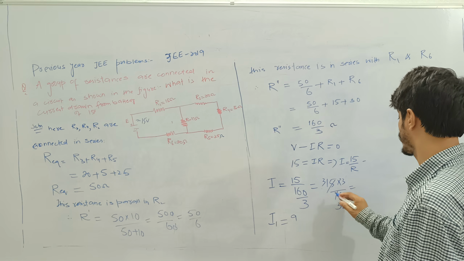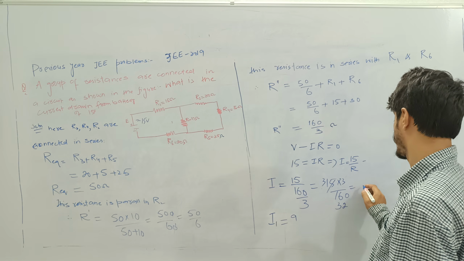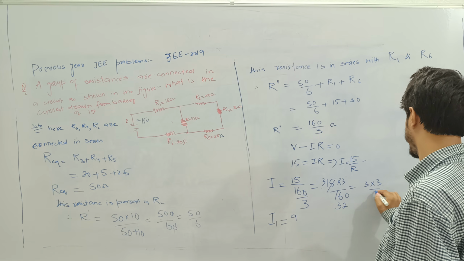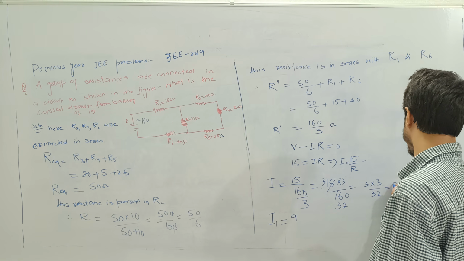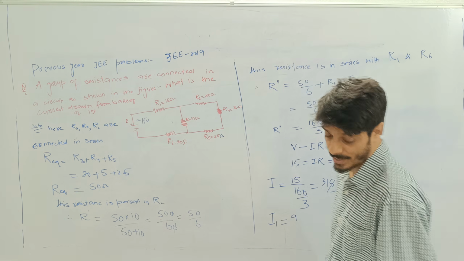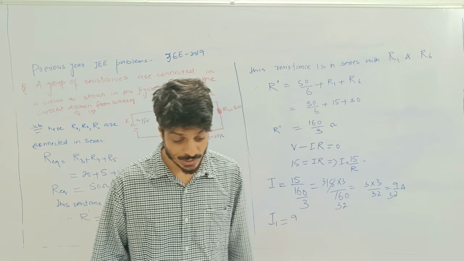So that is equal to 3 into 3 upon 32, which is equal to 9 upon 32 ampere. Okay, dear, 9 upon 32 ampere.